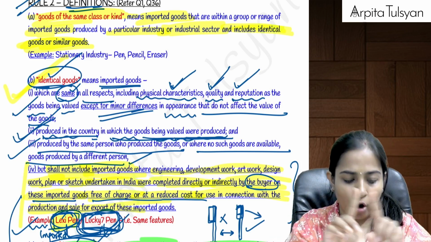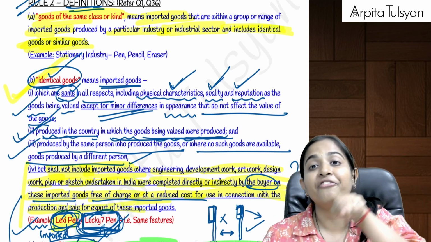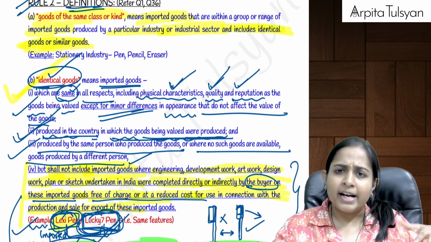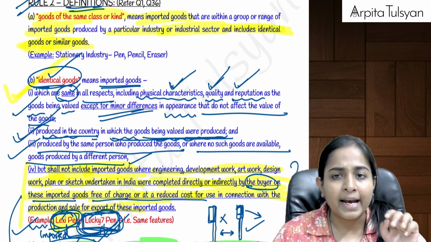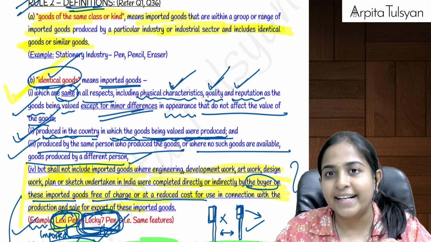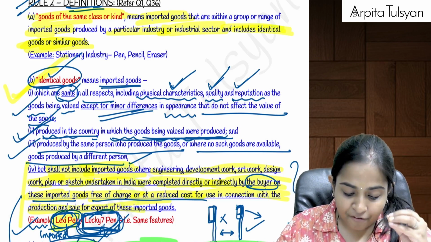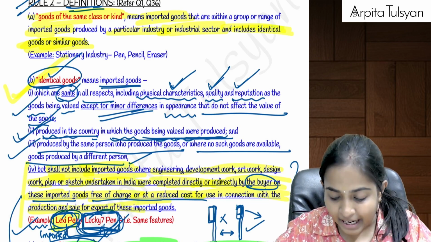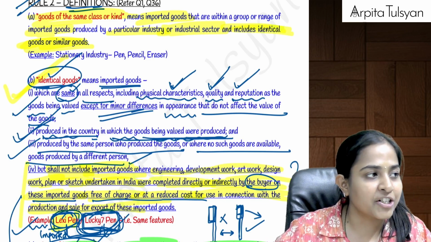Such goods are called identical goods and those are produced in the same country from where we have imported our goods. It can be produced either by the same person who has produced our goods or by any other person, provided none of the artwork, designing, etc. for that has been paid for by the buyer, either free of cost from India or at a concessional price.